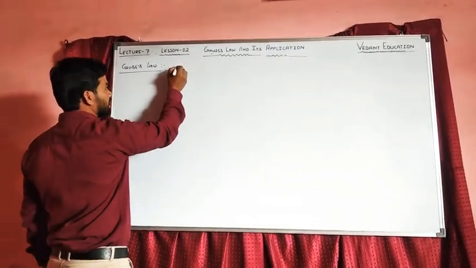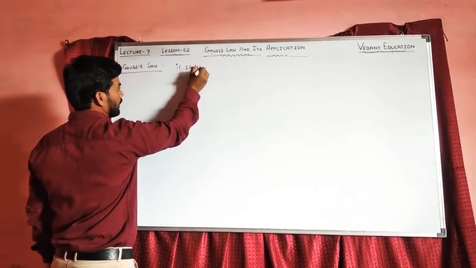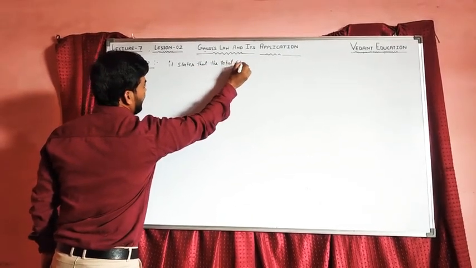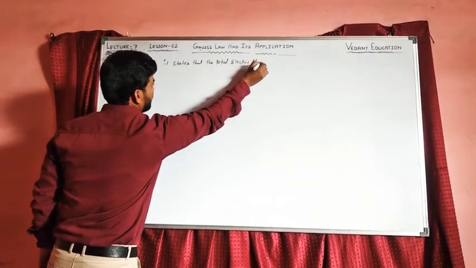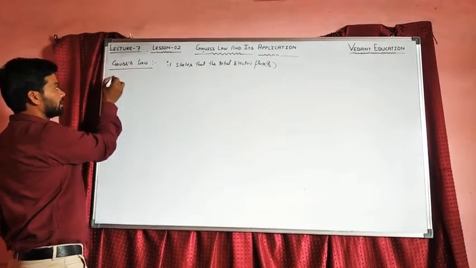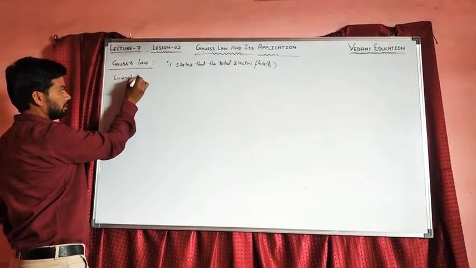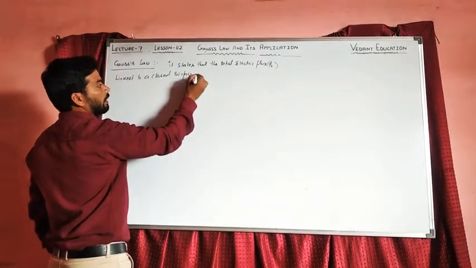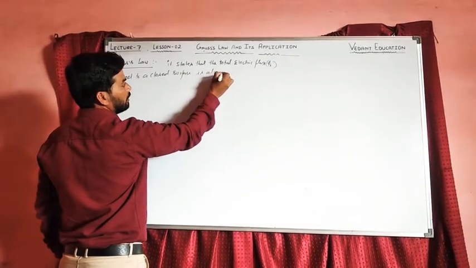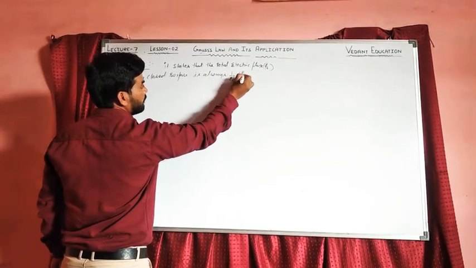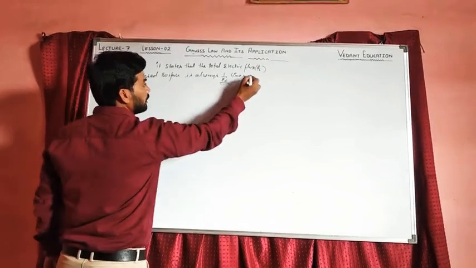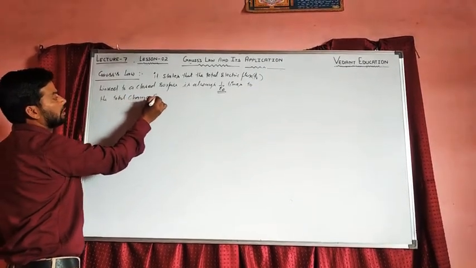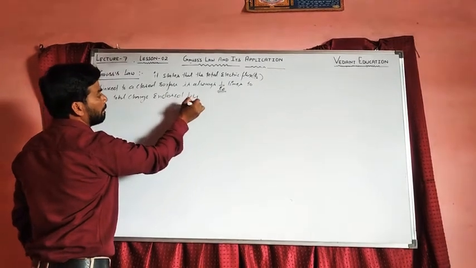What it states? It states that the total electric flux phi E linked to a closed surface is always 1 over epsilon naught times the total charge enclosed by it.